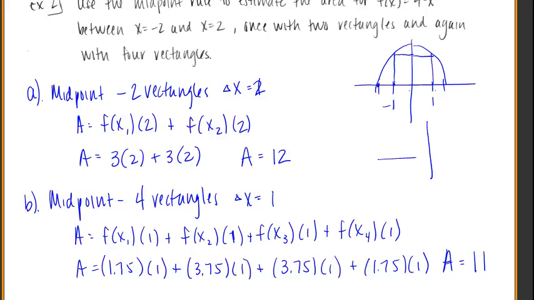Now with the upper sum, okay, you start there and you go out. You go in and you go up, then you go over. You stay in, you go up, and you go over.